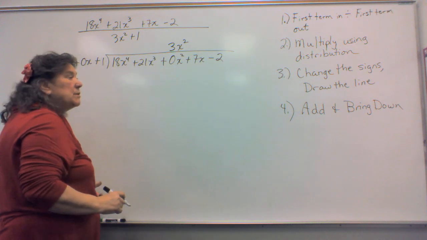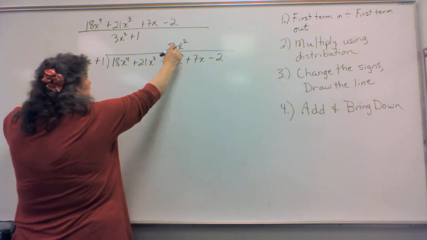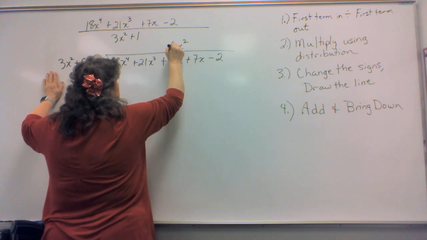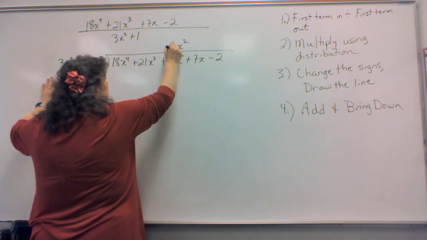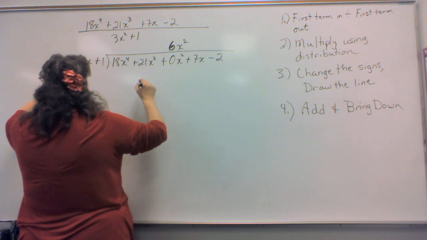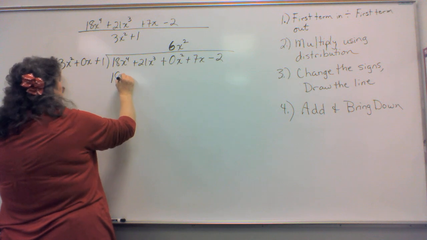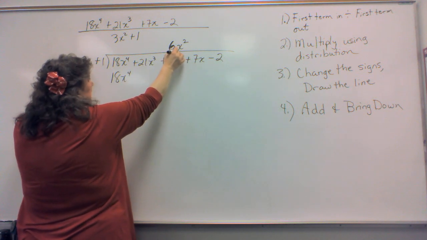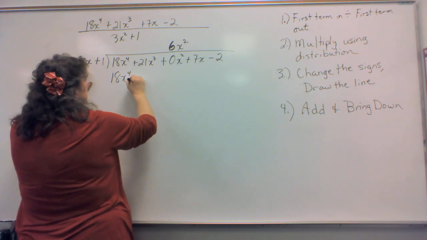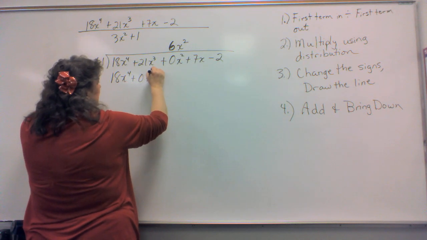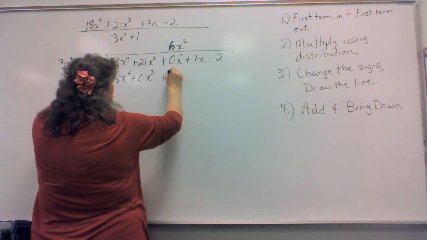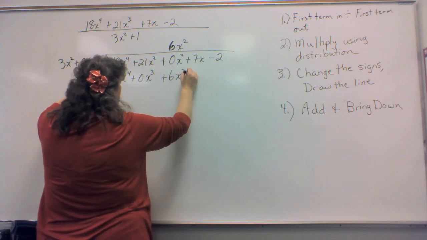Now, multiply with distribution. 6x squared. 6 times 3 is 18x to the 4th. And 6x squared times 0 is plus 0x cubed. And 6x squared times 1 is plus 6x squared.